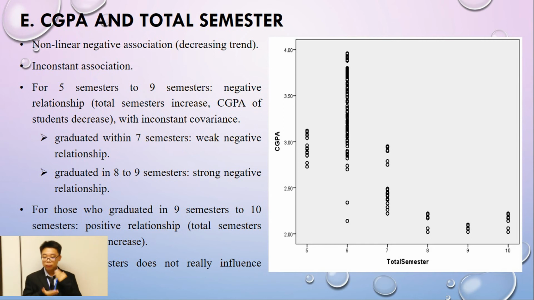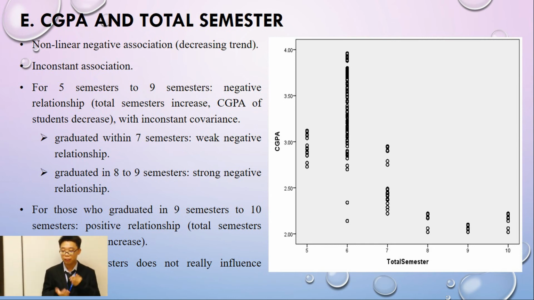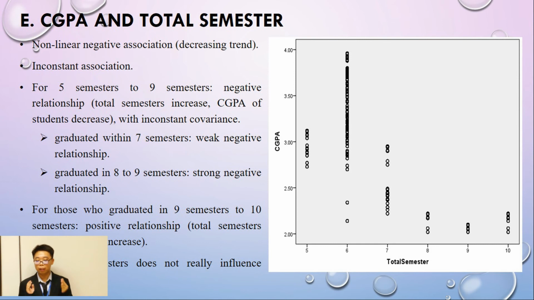So for the students who graduate within 7 semesters, they have a weak negative relationship between CGPA and total semester. And for those who graduate in between 8 to 9 semesters, there will be a strong negative relationship between them. So for those who graduate in 9 to 10 semesters, a positive relationship occurs between CGPA and total semester. So we can conclude that the total semester does not really influence CGPA.